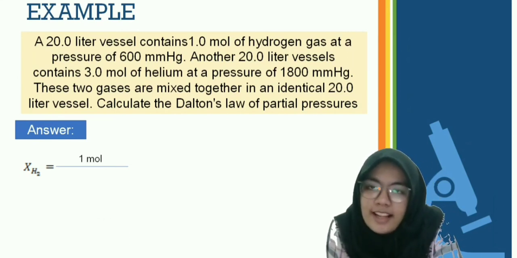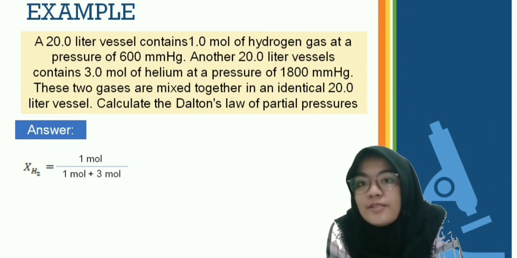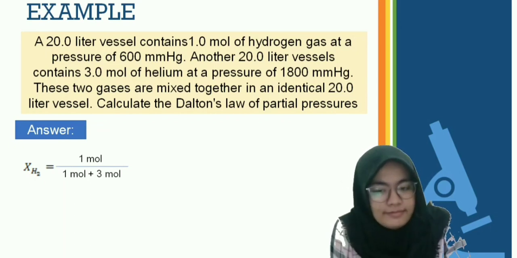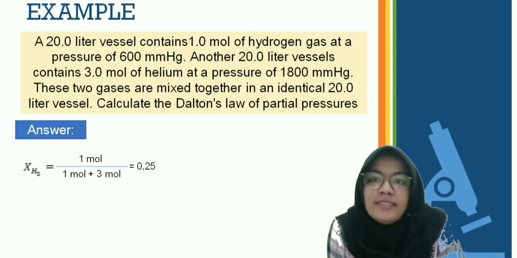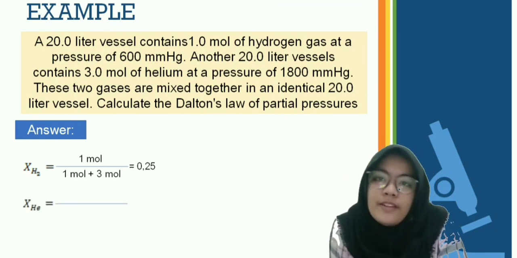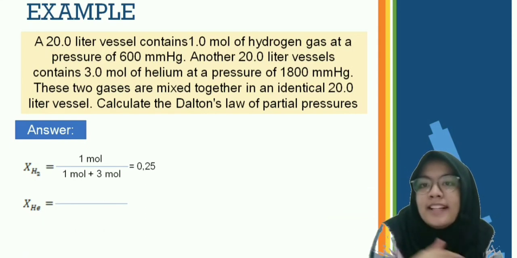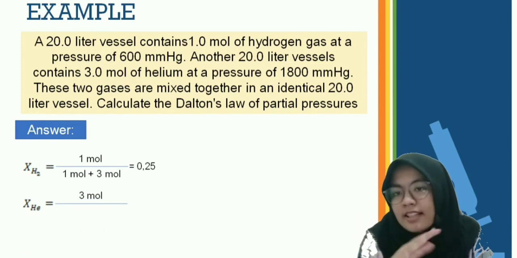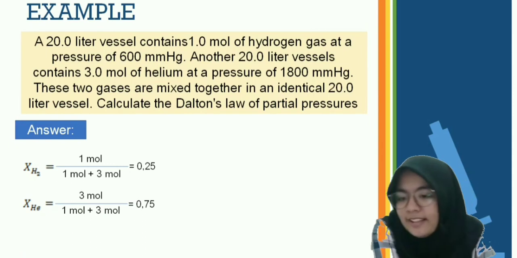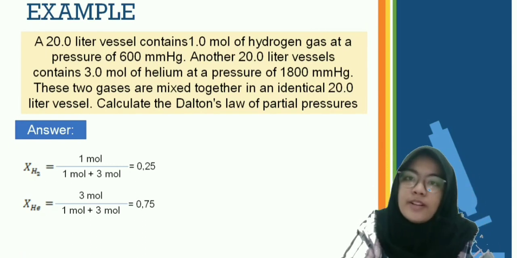This is 1 mole of the hydrogen gas divided by 1 mole plus 3 moles of helium gas, and the answer is 0.25. So how to find the helium gas? Same as before, but the upper one is 3 moles, divided by 1 plus 3, and the answer is 0.75.